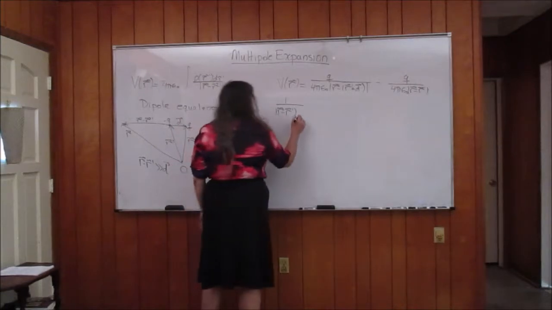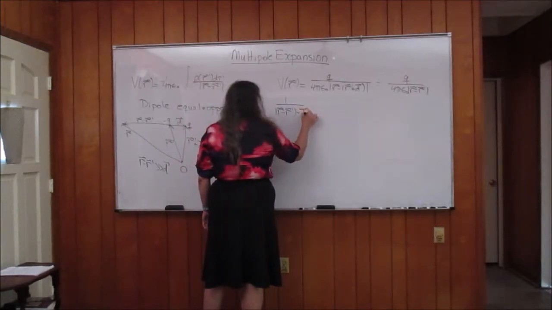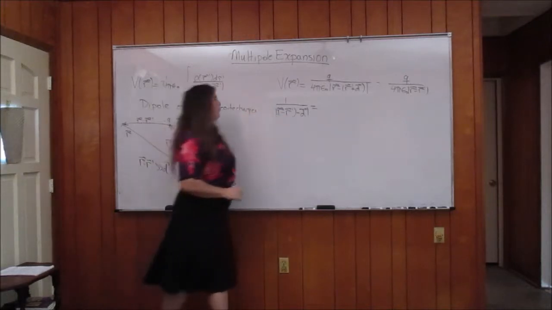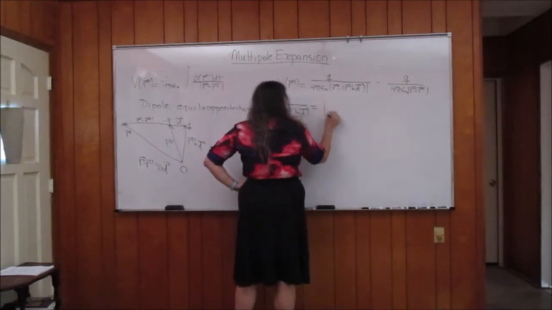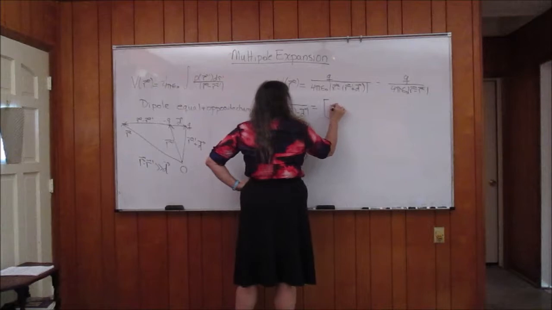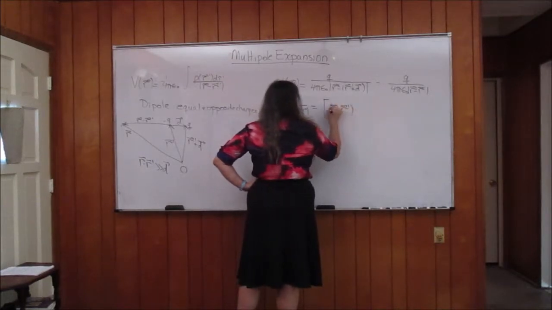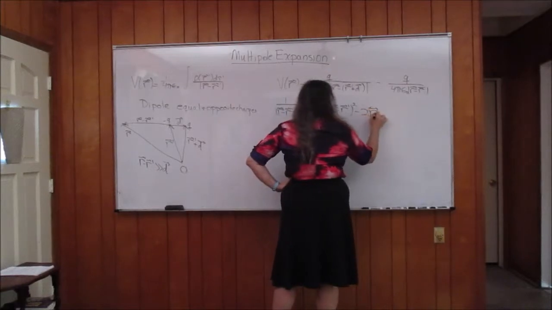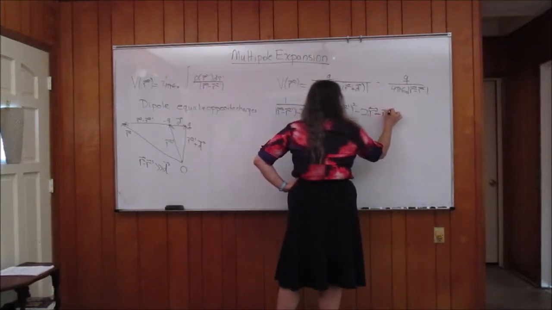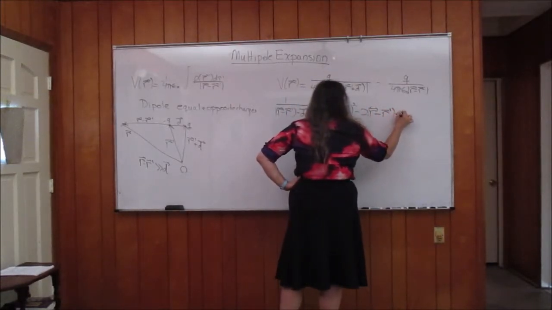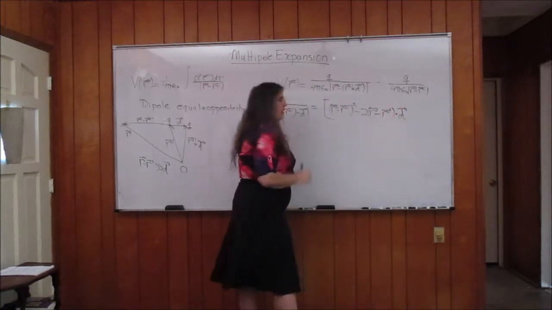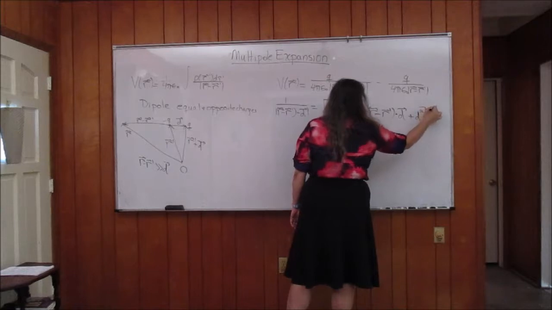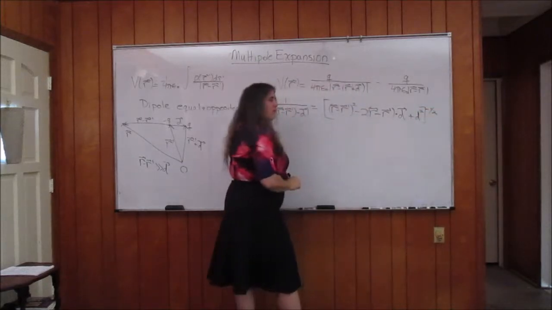So I'm going to group those two terms together, and that'll be 1 over the magnitude of r minus r prime minus d. And I can rewrite that as the quantity r minus r prime squared minus 2 r minus r prime dot d plus d squared, to the minus 1/2 power.